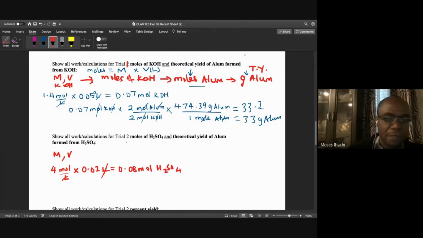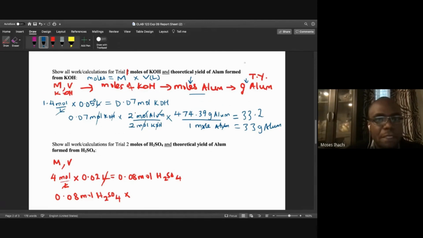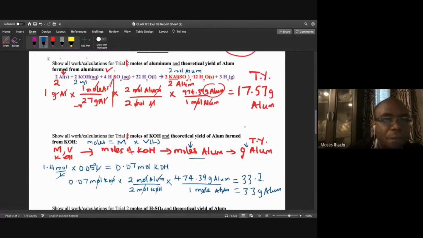Now to find the moles of alum, we'll have to use the reacting ratios and convert it to moles of alum. We'll look at the balanced equation and see what the reacting ratio is. Looking at the balanced equation, I see for every 4 moles of sulfuric acid, I'm getting 2 moles of alum.